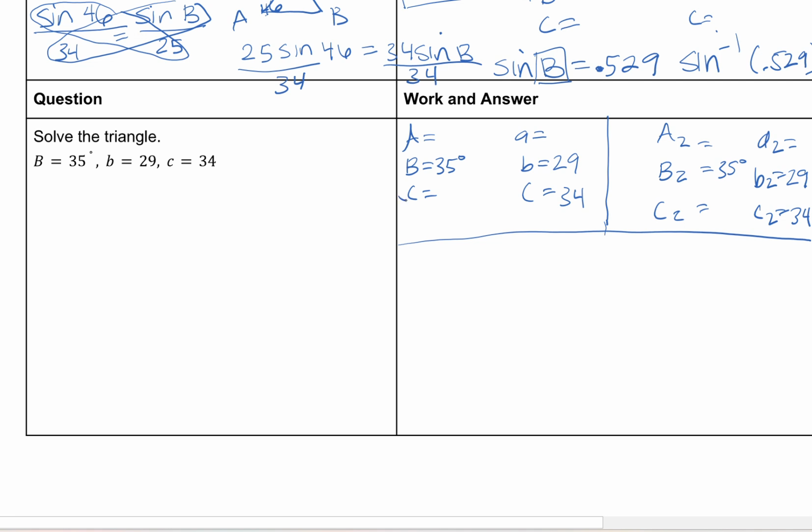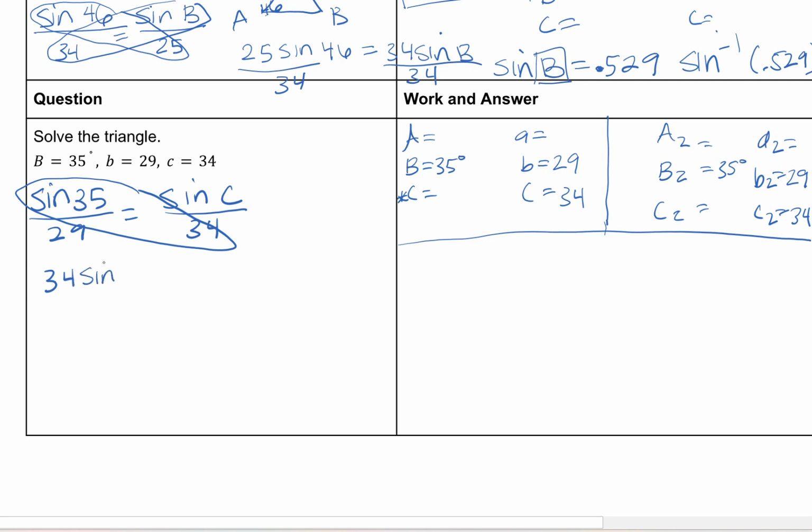So the first thing I'm going to solve for is this angle C. So we're going to set that up doing the sine of 35 divided by 29, set equal to the sine of angle C divided by 34. Cross multiply, set those two things equal to each other, and then divide by 29 to get that sine by itself.